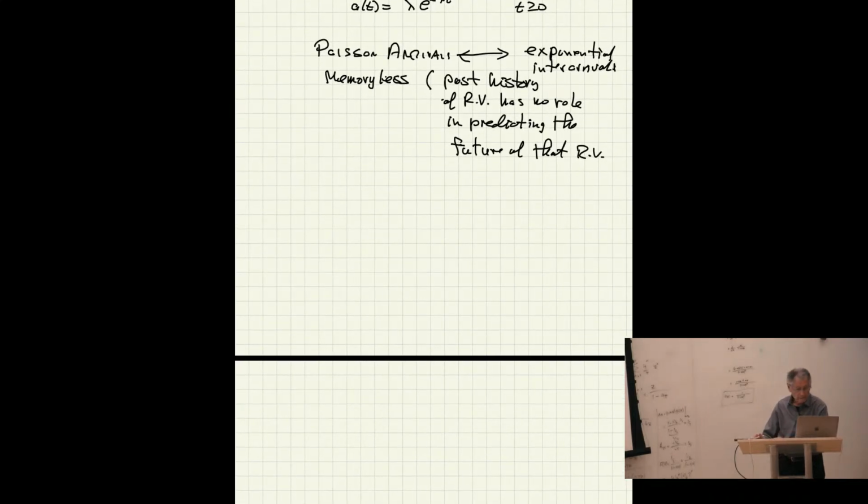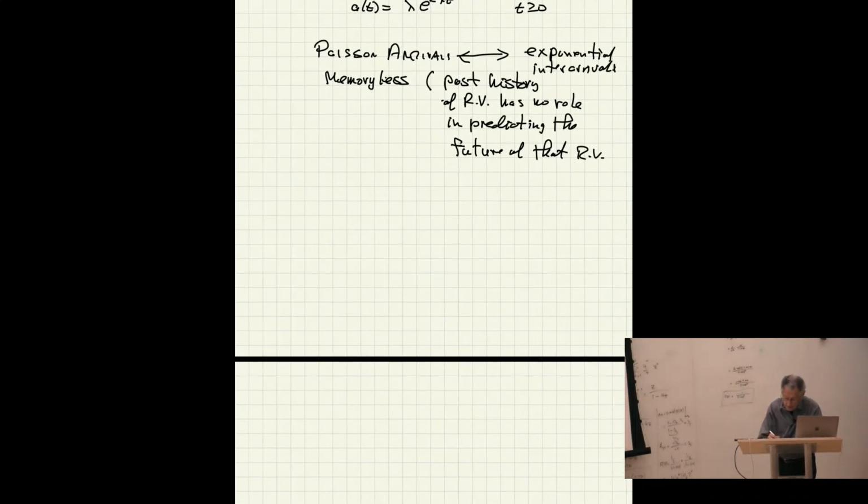Let's calculate the following: the probability that the random variable t tilde is less than or equal to t plus some known number t0, given that the interarrival time is known to be greater than t0.